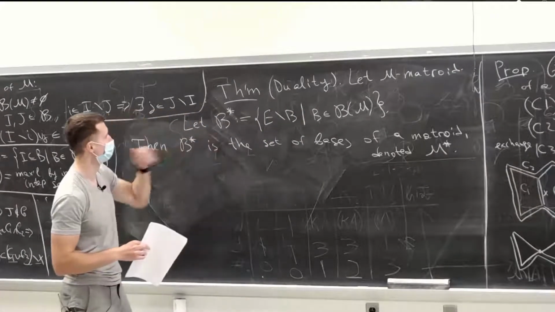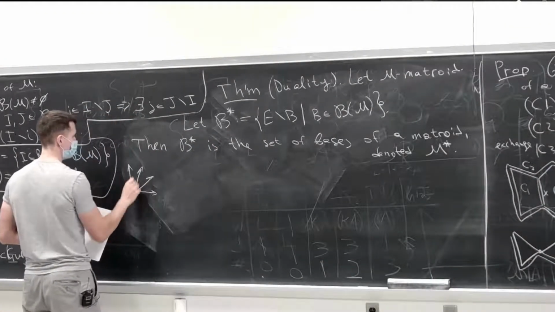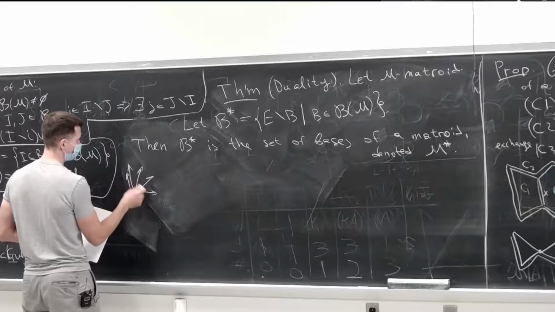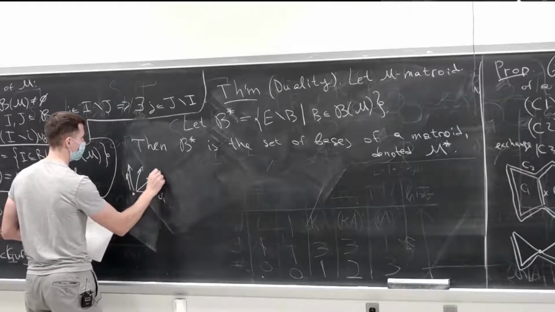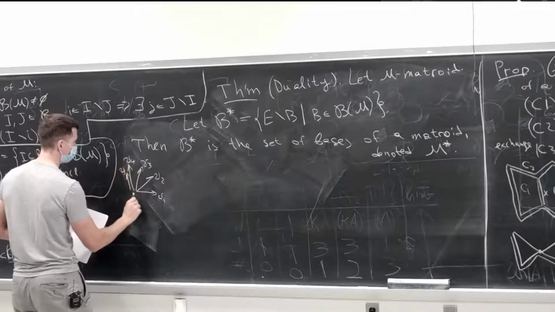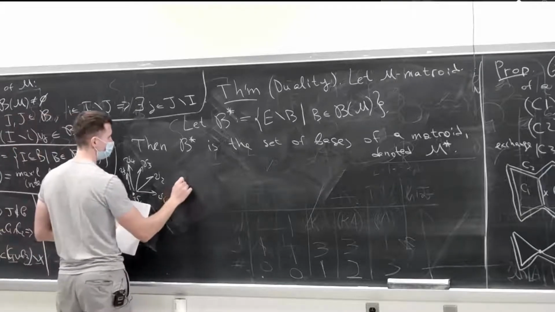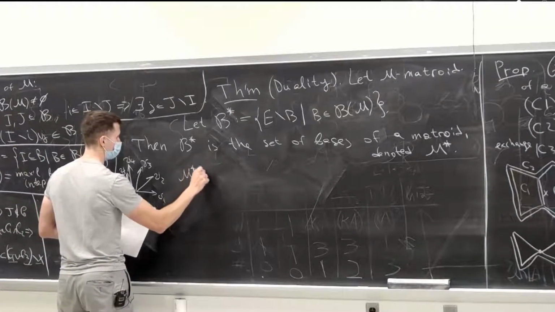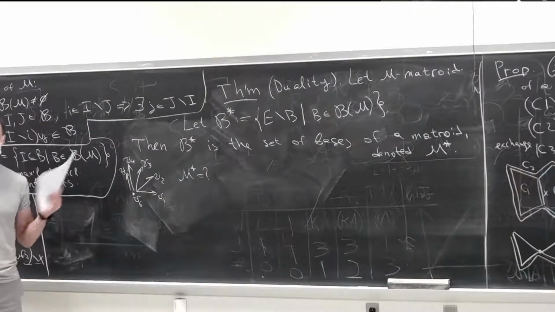So actually it's a good question. What happens if I give you a bunch of vectors? Some of them, maybe these two are parallel. The sum is 0. Something like this. What's the dual matroid of such a picture?